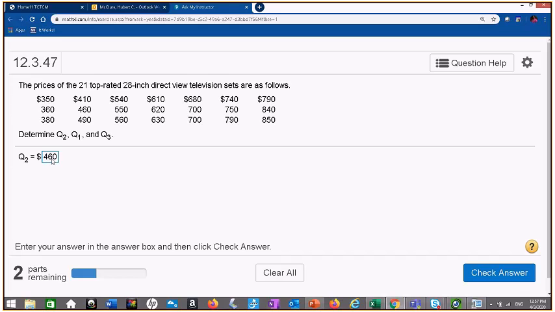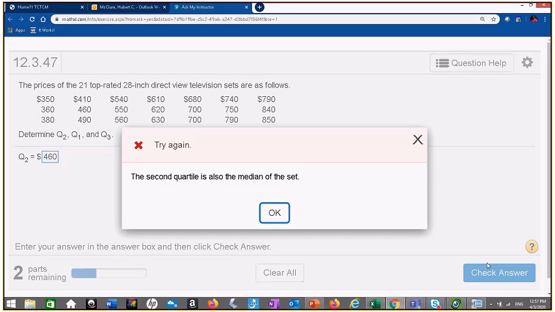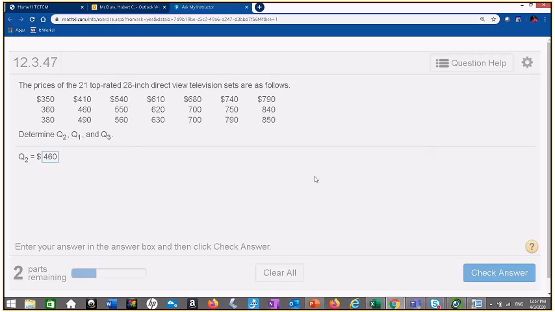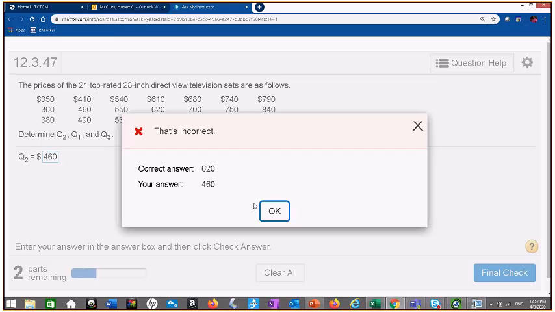No, that's the 2nd quartile. I don't know what they got. $620. I have no idea what they're talking about.